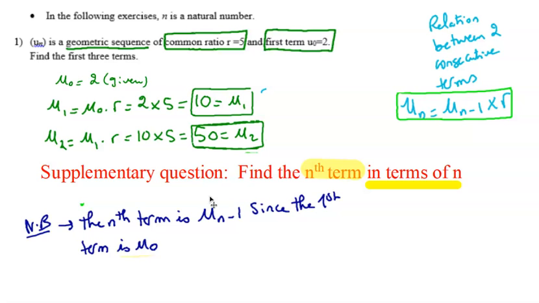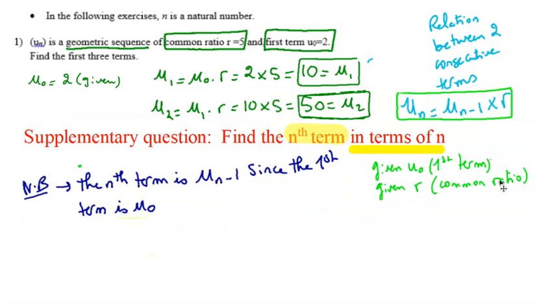The number of terms between un minus 1 and u0 is n minus 1 minus 0, which is n minus 1, and we add 1, so from u0 to un minus 1 there are n terms, and this is why un minus 1 is the nth term.